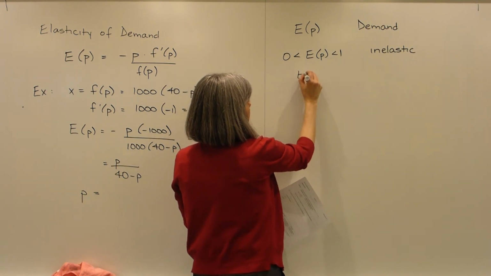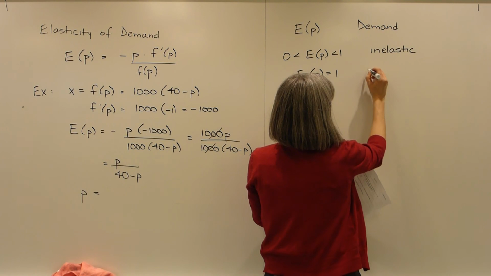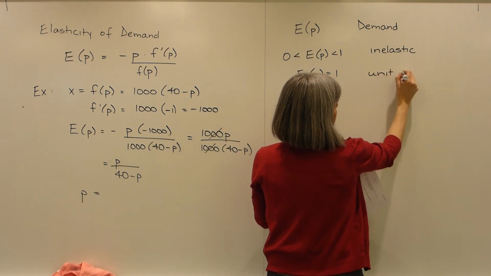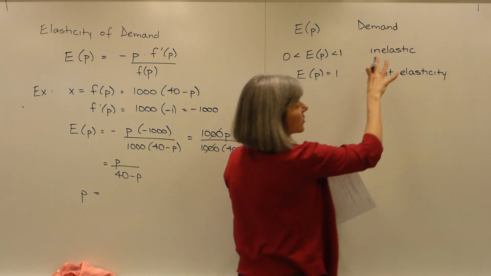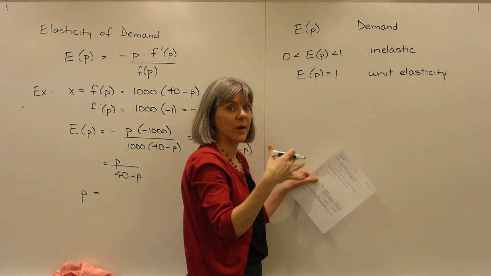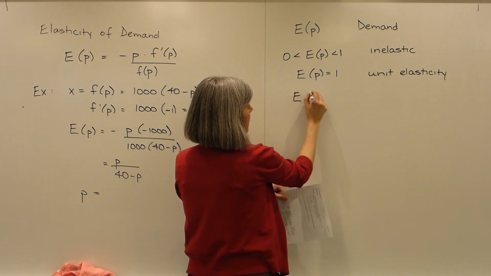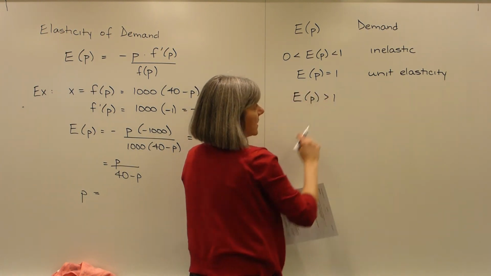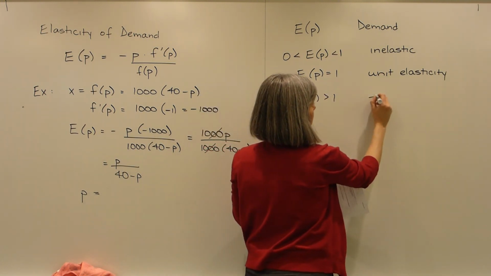If it is exactly equal to 1, then we call that unit elasticity. Remember, these are pertaining to demand. In class, we're going to talk about what happens to revenue, but for now, just demand. And if it's greater than 1, let's see, inelastic, unit, I'm thinking elastic, and that would be correct, elastic.